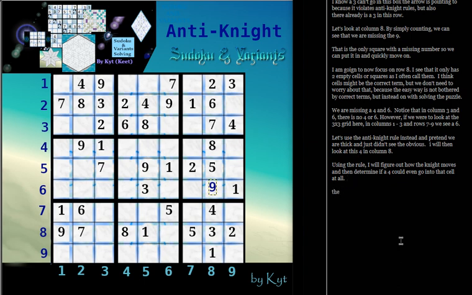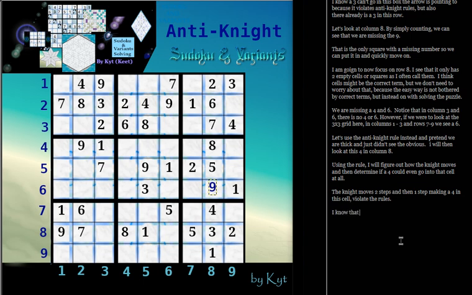The knight moves 2 steps and then 1 step, making a 4 in this cell violate the rules.